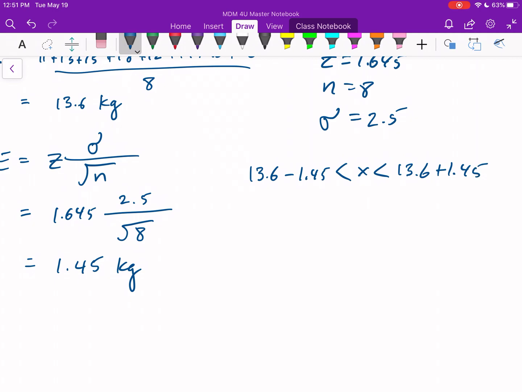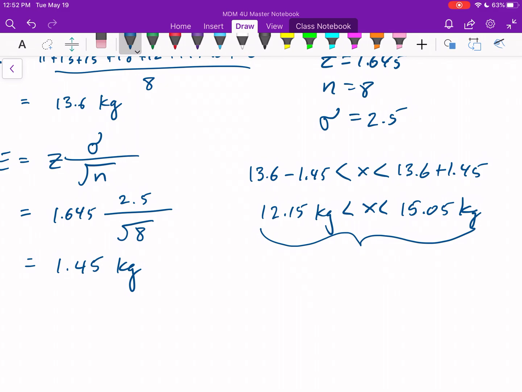So my actual confidence interval is going to be 12.15 to 15.05. So that's my confidence interval. And again, I could say something like 9 times out of 10.